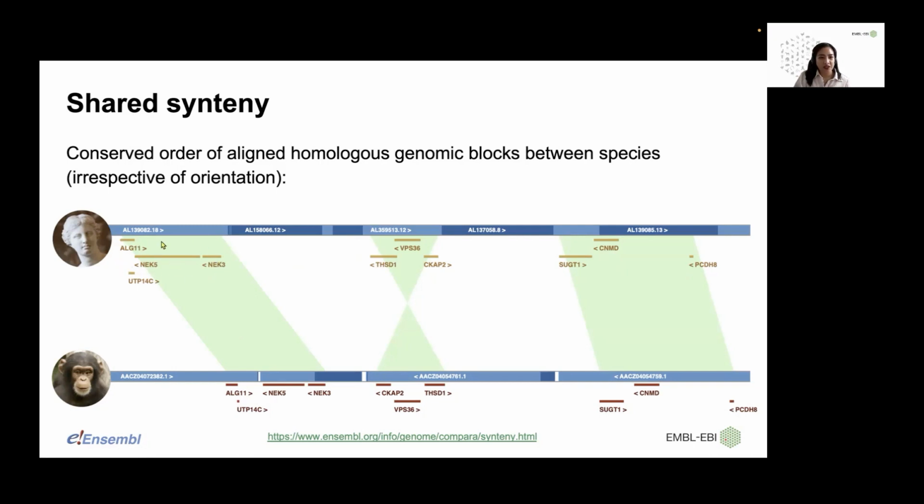If you focus on this very first block here, we've got the ALG11, UTP14C, NEC5, and NEC3 gene. If you align this block against the chimp genome, you'll notice that the order of those genes is exactly the same. First ALG11, then UTP14C, then we've got NEC5 and NEC3. And this is what synteny is.